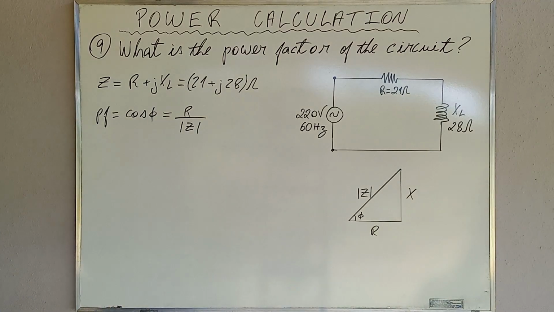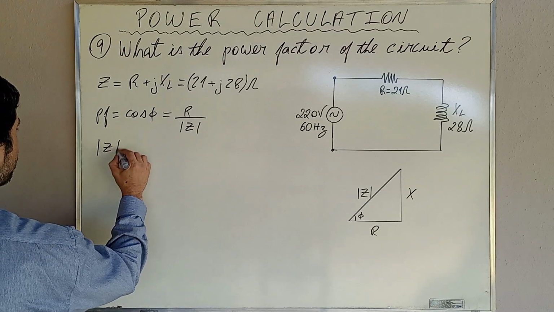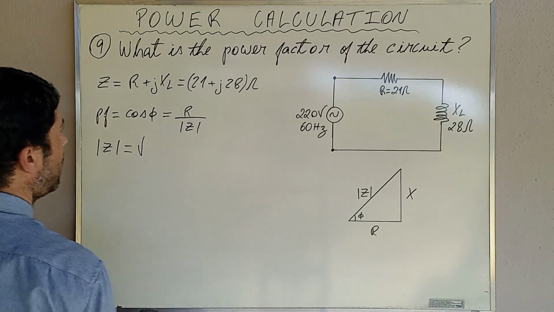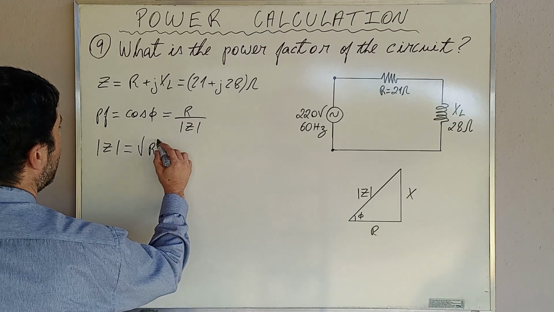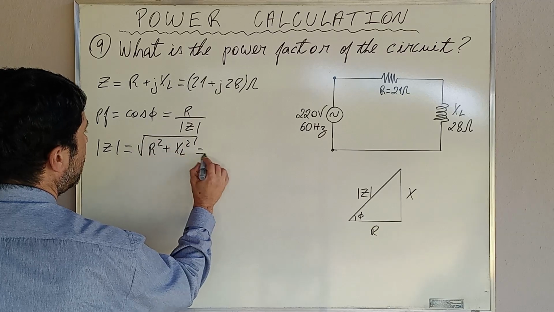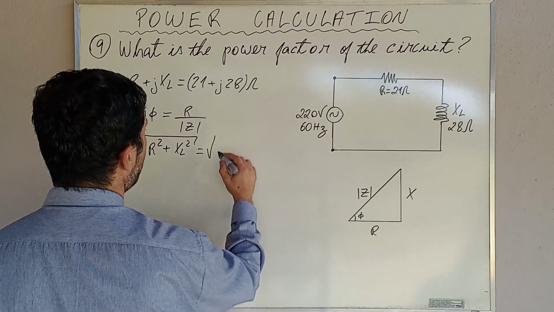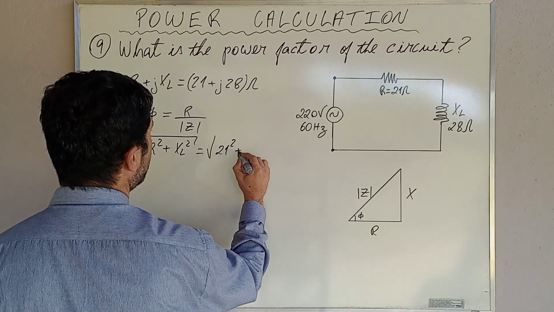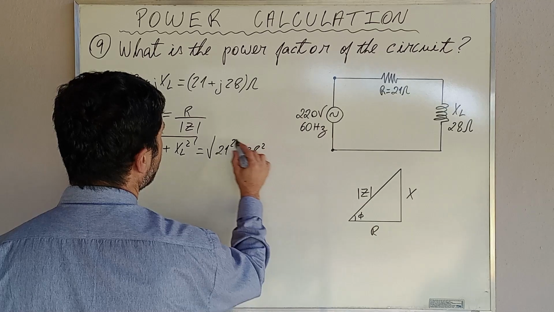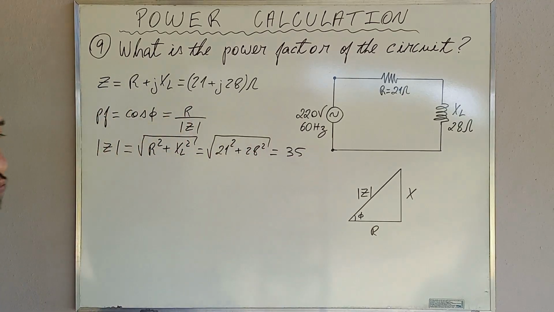We know R, but we don't know the magnitude of Z. Let's calculate the magnitude of Z. The magnitude of Z is equal to the square root of R squared plus XL squared. In this case, it will be the square root of 21 squared plus 28 squared, which is 35.